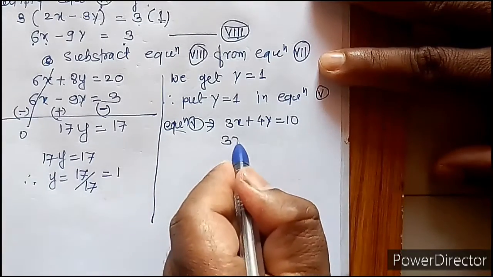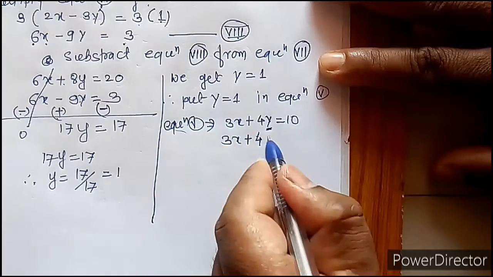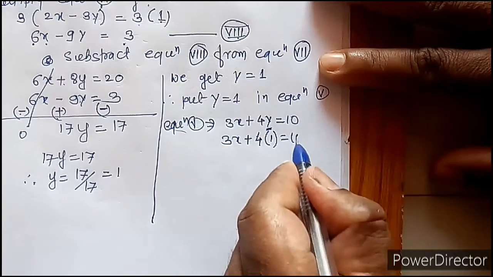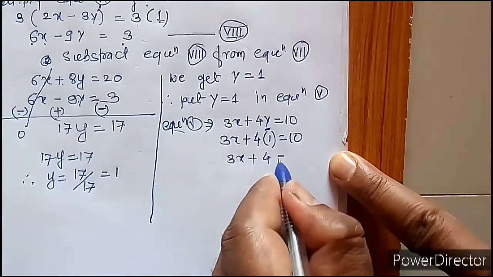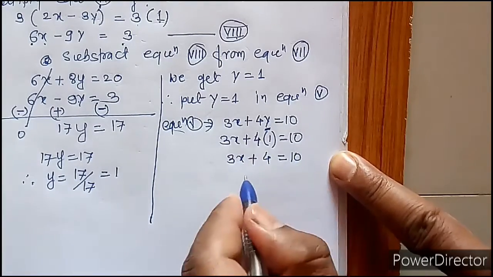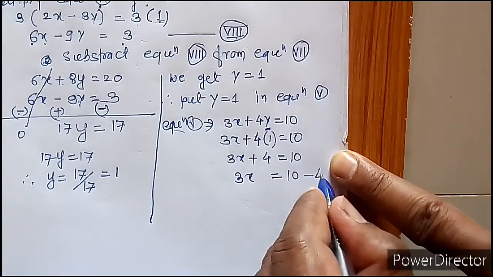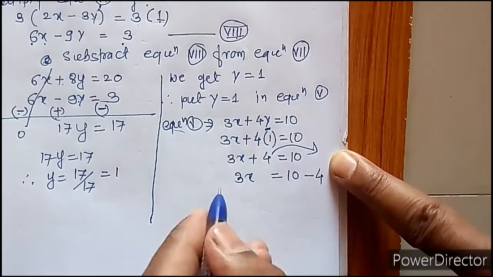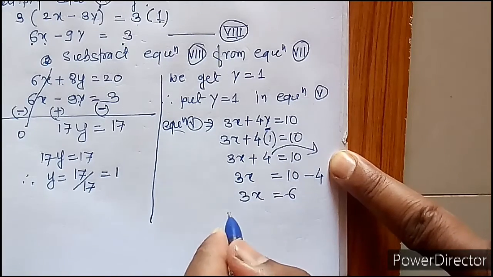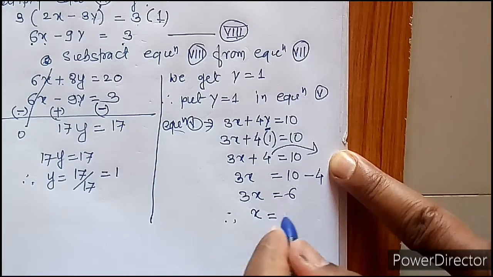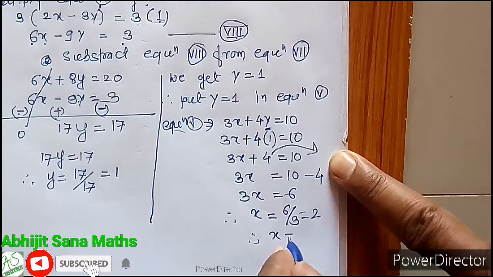Here 3x as it is, plus as it is, 4 as it is, but the value of y is 1, so put 1 here, equals 10. That is 3x plus 4 equals 10. Here 3x equals 10 minus 4, shifting this 4 to the right hand side. Now 3x equals 6. Therefore x equals 6/3 equals 2. Therefore x equals 2.